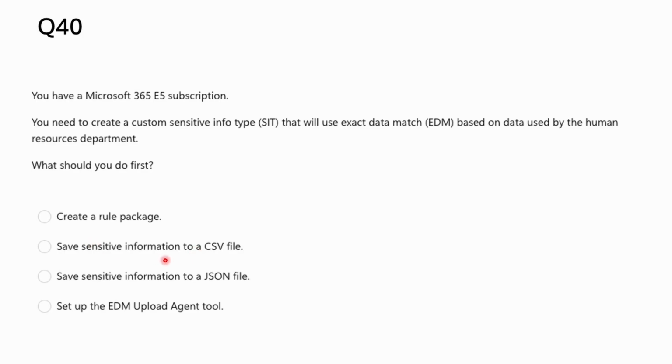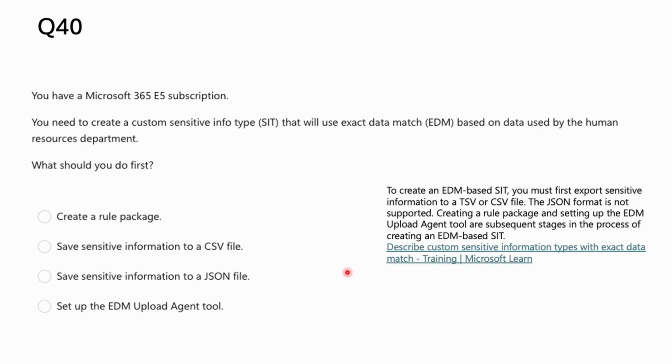Then we can create the EDM, I would say the exact data match, on the basis of the information which we have collected. So I think the right answer is going to be save the sensitive information to CSV file. If I explore the Microsoft document, it says to create an EDM-based SIT, you must first export sensitive information to a TSV or CSV file. So as discussed, the right answer is save sensitive information to CSV file.